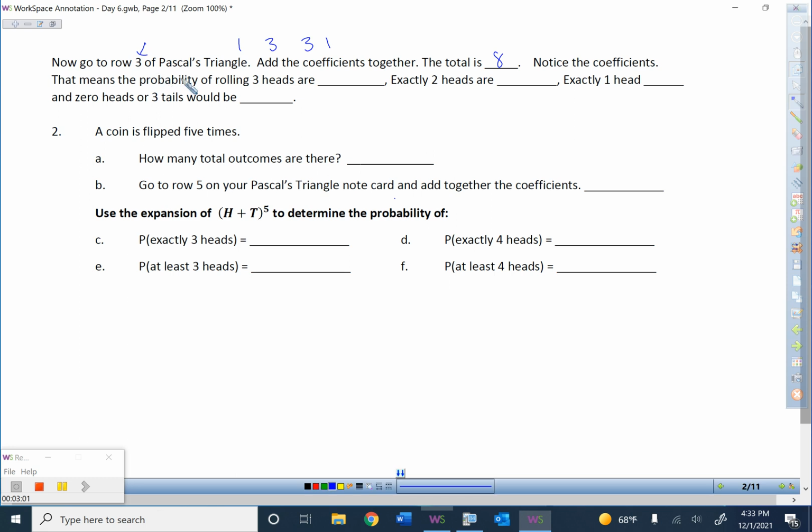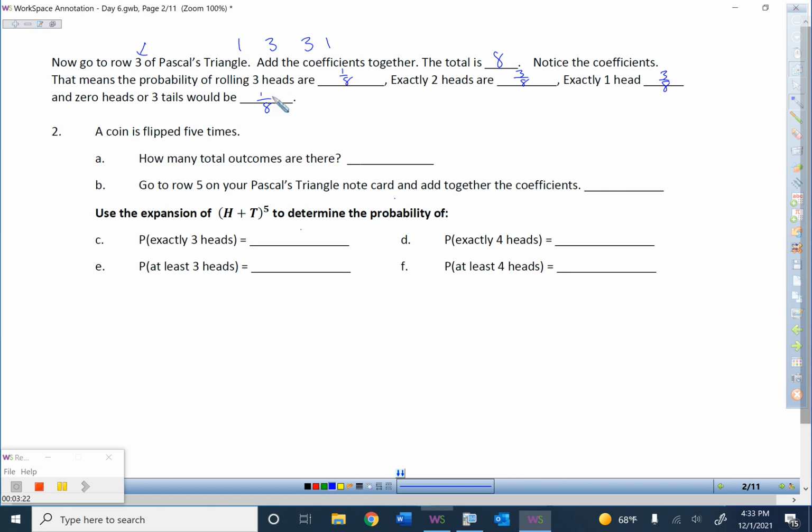So here, the probability of getting 3 heads, we know there was exactly 1 out of the 8. 2 heads, there was 3 out of the 8. 1 head, there were 3 out of the 8. And 0 heads is 1 out of the 8.